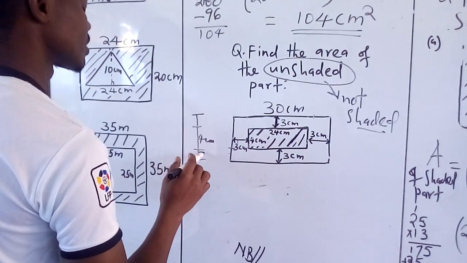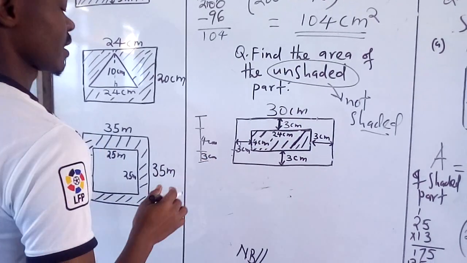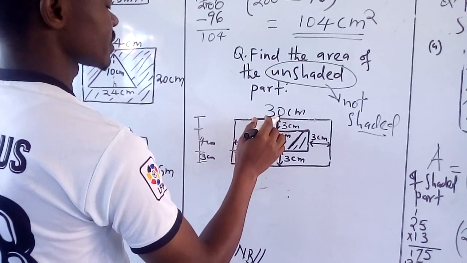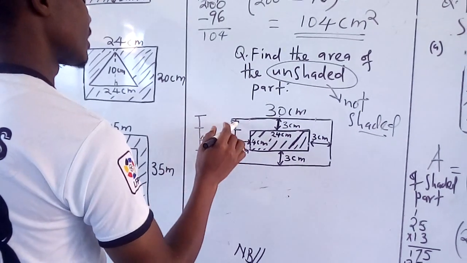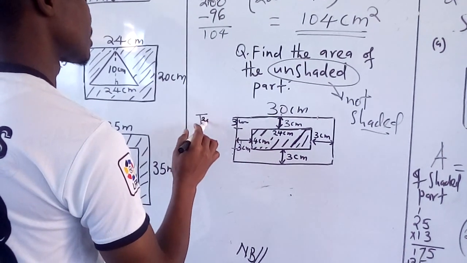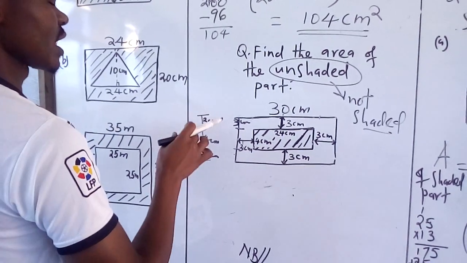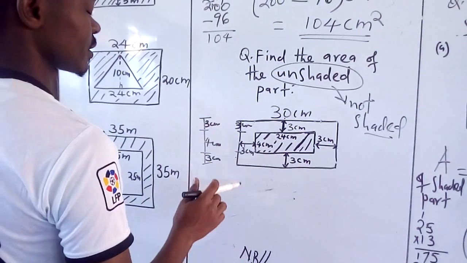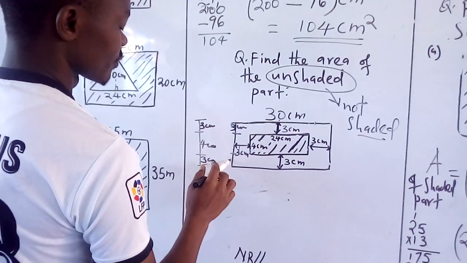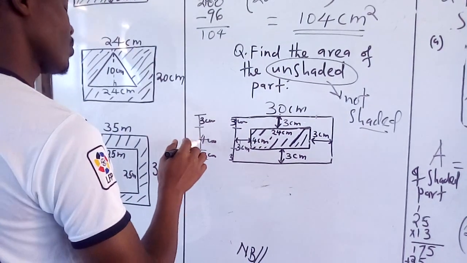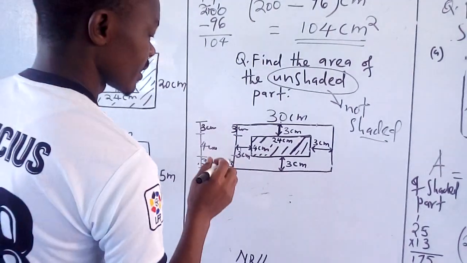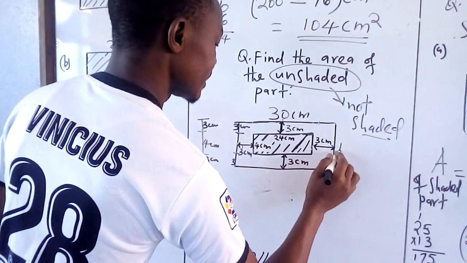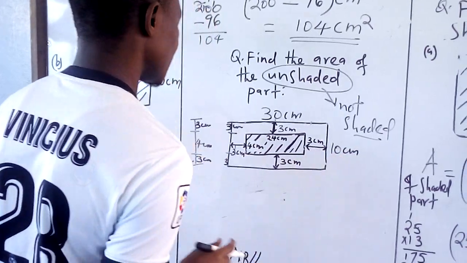Therefore, this one is also 3 centimeters. Again, from here to here is 3, from here to here will also be 3 centimeters. How do we now get the width of the bigger one? It is this 3 plus 4 plus 3. So 3 plus 4 is 7 plus 3 is 10. Therefore, the width is 10 centimeters.